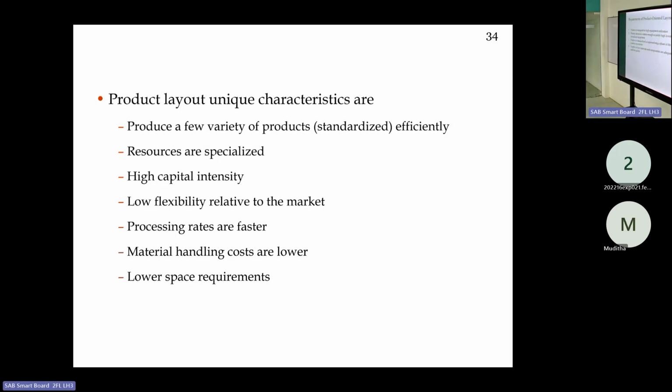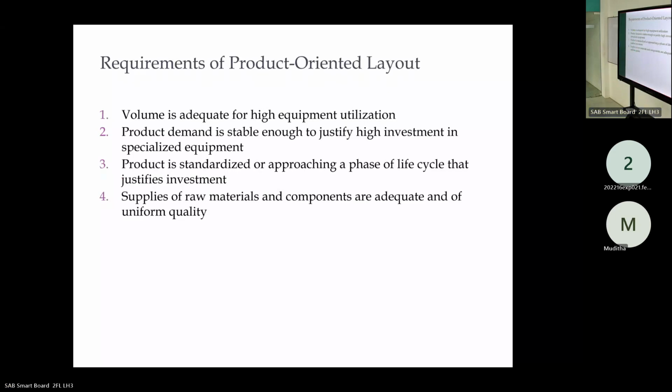However, to deploy this type of layout, we need to be able to produce in high volume. In other words, market demand for the product we produce will be at a higher level. Then only this type of layout should be useful. The market demand should be higher so that we can utilize equipment and other resources at a higher utilization rate.